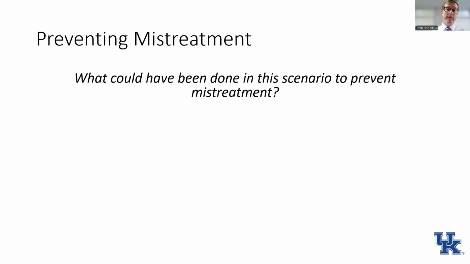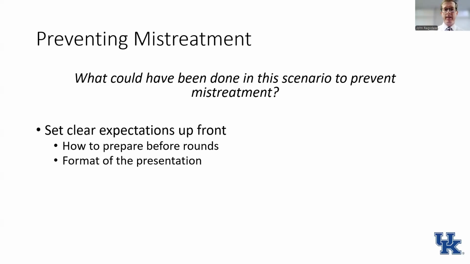So we'll deal with that report, if the student chooses to make that known, and address that with the people involved. But let's also think about how we could have prevented this, or what could be done in the future to prevent things like this. One intervention could be to make sure that faculty and residents are setting clear expectations up front.